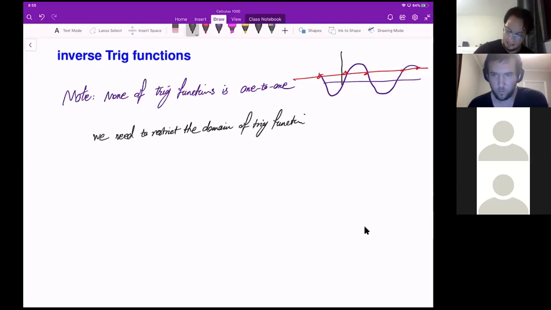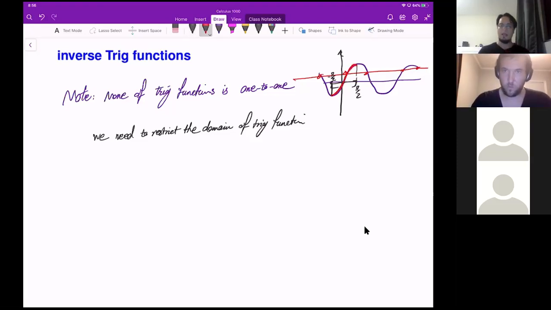So if this is the sine function, if I choose my function to be only from negative pi over 2 to pi over 2, only on this interval here, then that is a one-to-one function. And then I can think of inverse functions. So I restrict the domain of sine to x between negative pi over 2 and pi over 2.